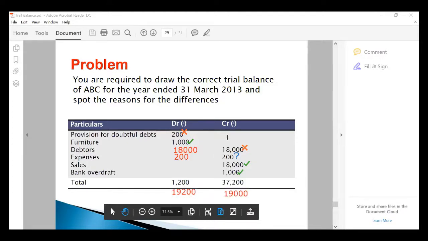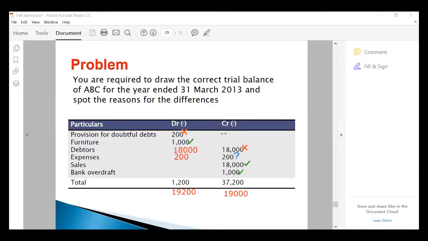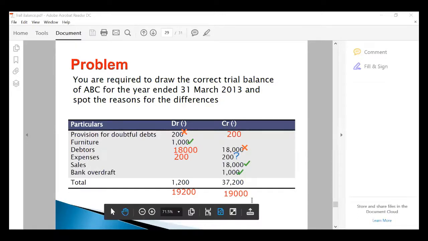And this 200 moves here. So here 19,200. Okay, so this is the answer.